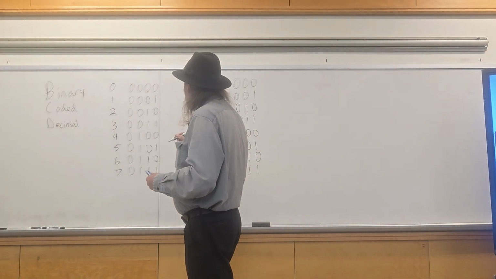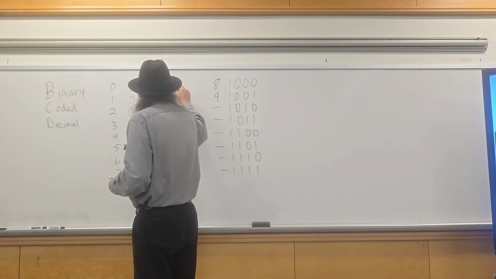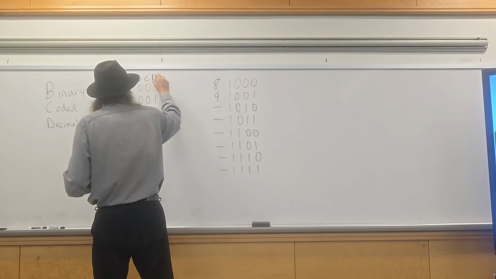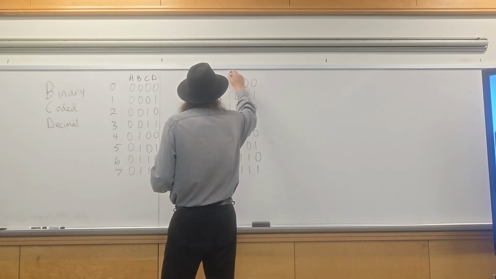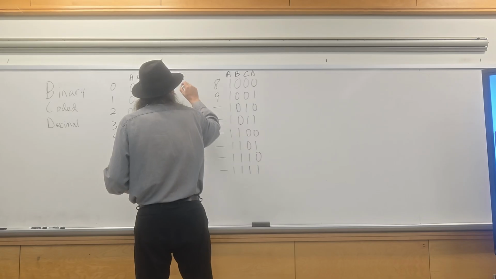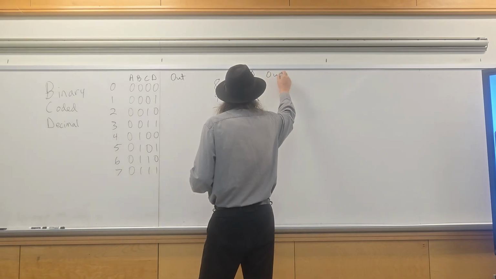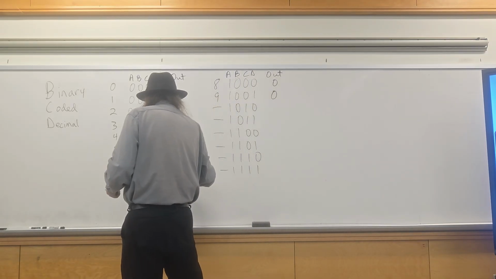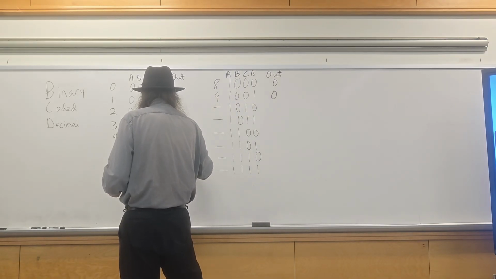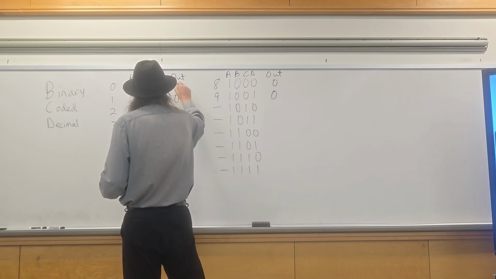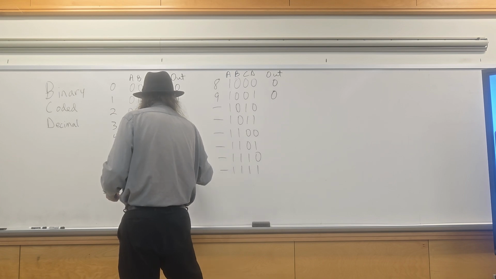So you would have your A, B, C, and D, and your out is 0, 0, 1, 1, 1, and 1, 0, 0, 0, 0.